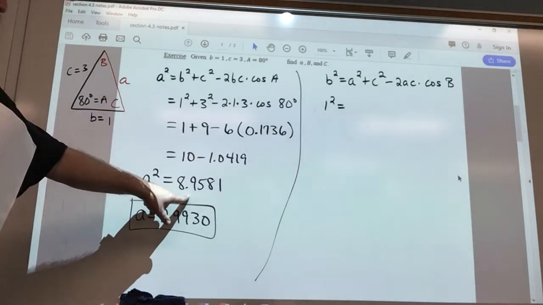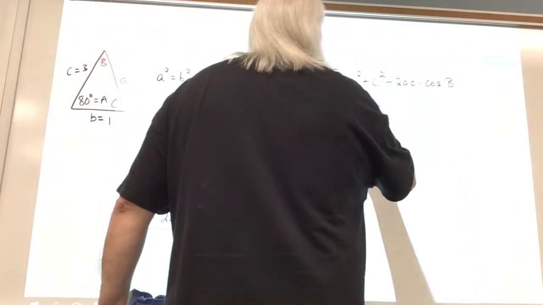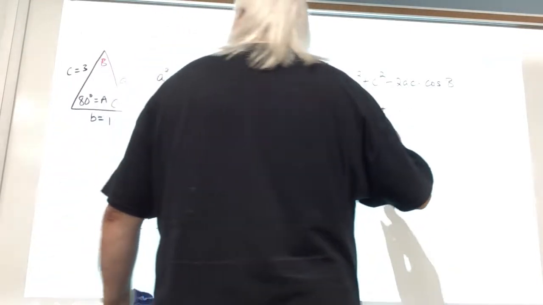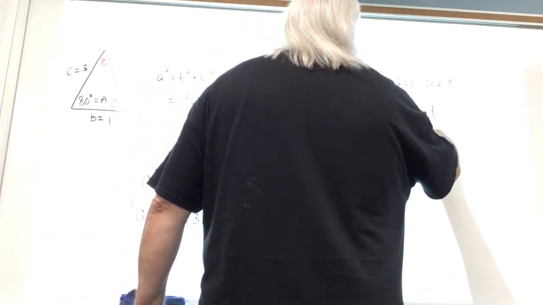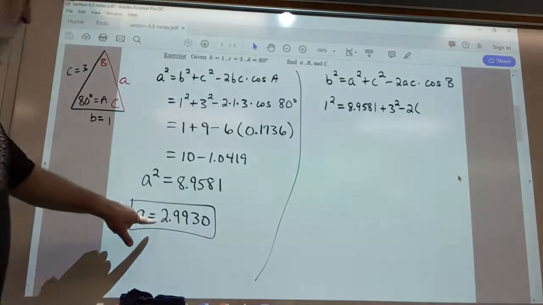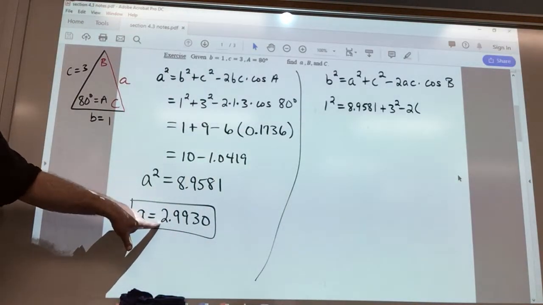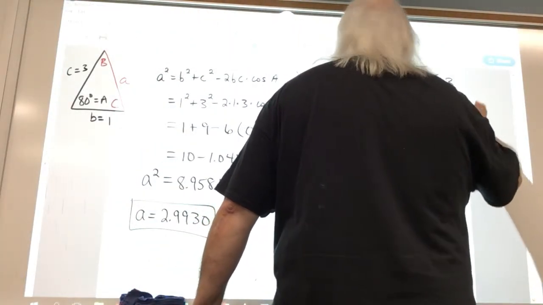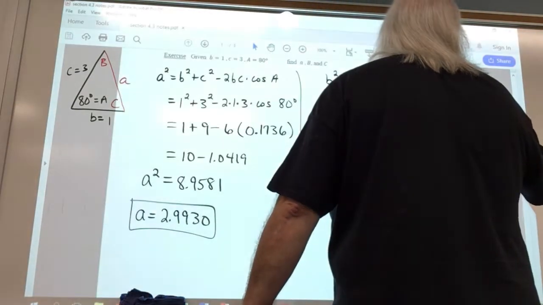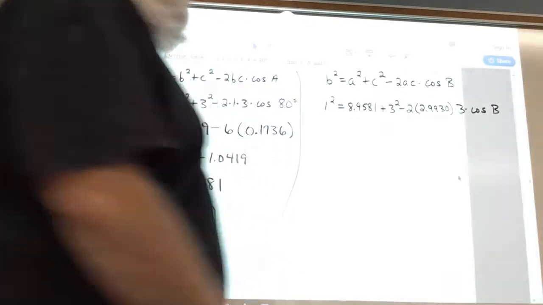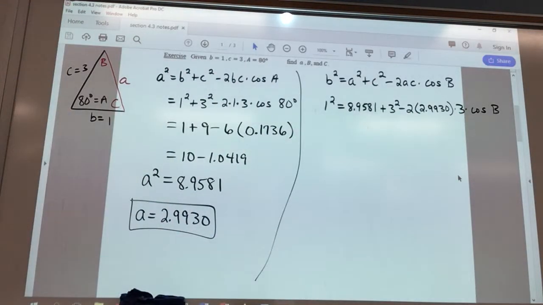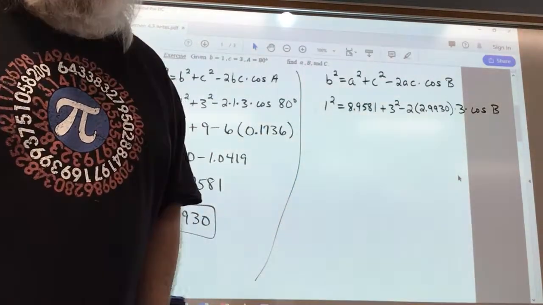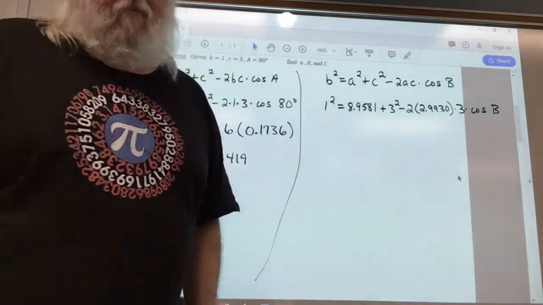Well, a squared we know is 8.9581, plus c squared, which is 3 squared, and then minus 2 times a, which we learned already is 2.9930, multiplied by c, which is 3, and then multiplied by the cosine of angle B. So you have to be really careful when you're using numbers to 4 decimal places. It's easy to get lost in the math.